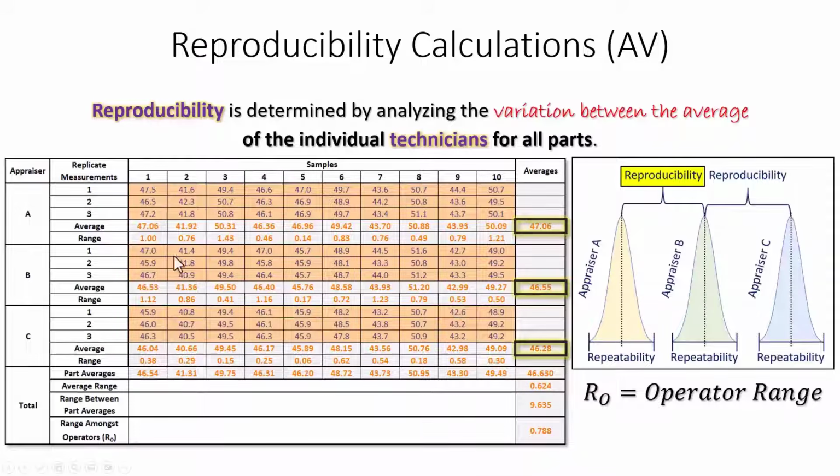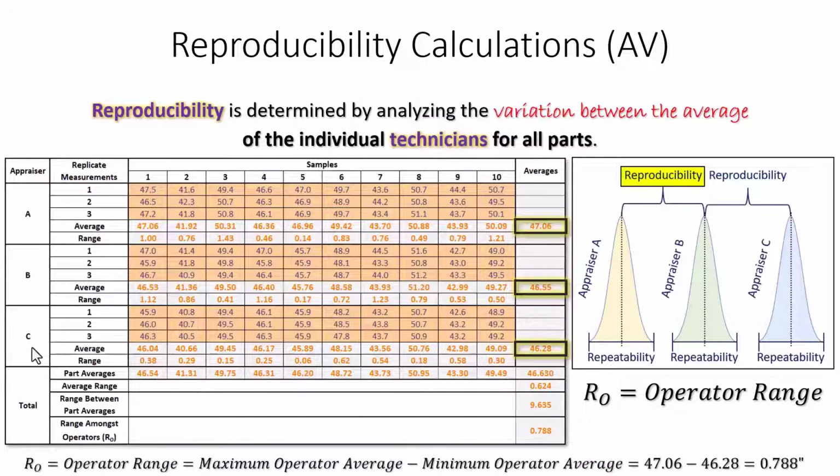Then we take the average of all 30 data points from appraiser B and do the same for appraiser C. And remember, in a perfect world, these appraisers on average would all measure the same value, but clearly that doesn't happen in real life. So this is how we measure the variation between the appraisers. If appraiser A does it differently than appraiser B, on average, they're going to get different values. And we can quantify that using something called the operator range.